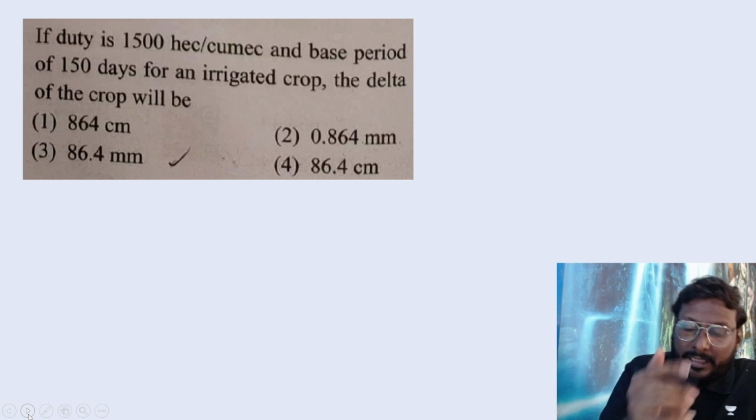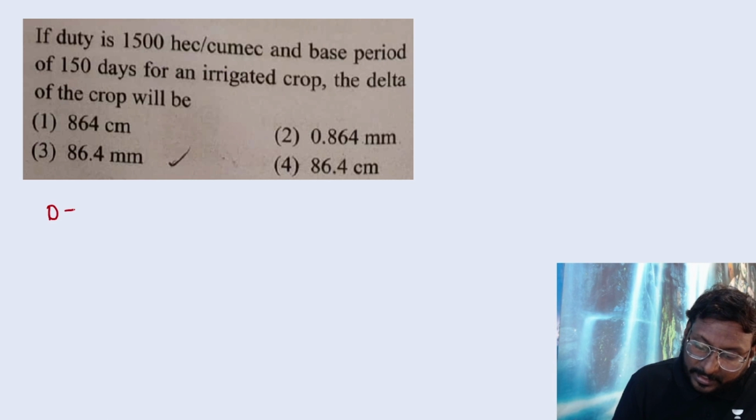Duty D is 1500 hectare per cumec. Base period B is 150 days.